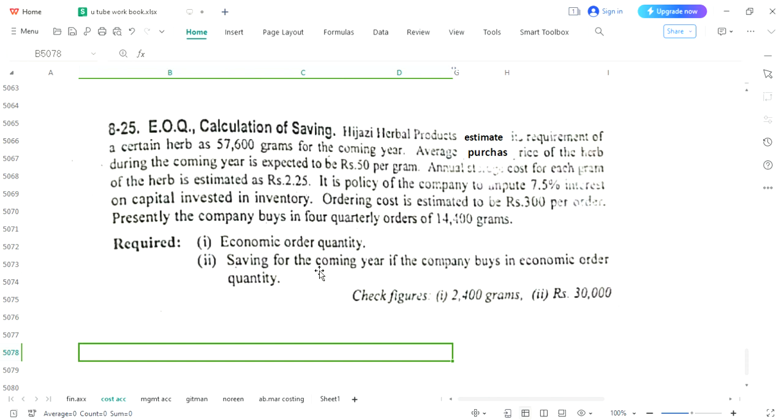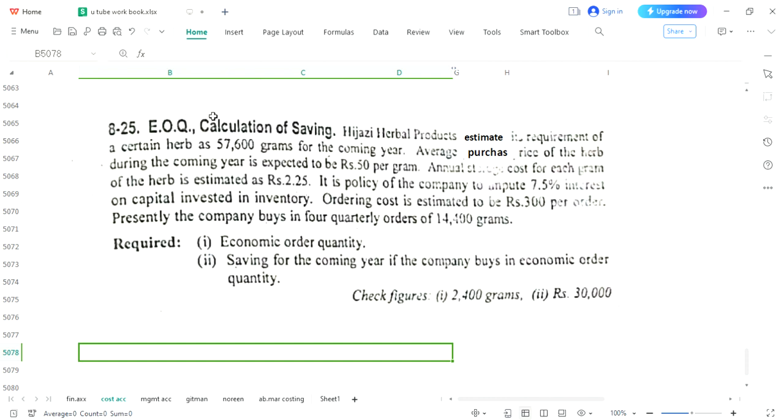Let's say there are two organizations. One is following economic order quantity and the second organization doesn't know how to give orders according to economic order quantity. It means one firm is saying yes to EOQ, the second firm is saying no to EOQ. In this way, we will prove that the organization which follows economic order quantity will spend less, and the second organization which is not following the rules regarding economic order quantity will be spending more.